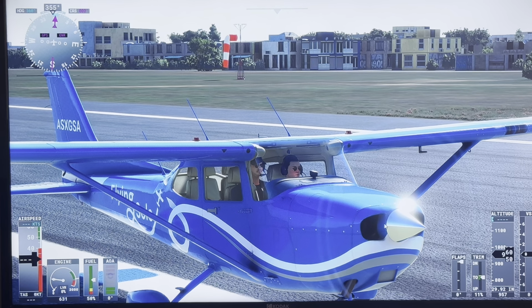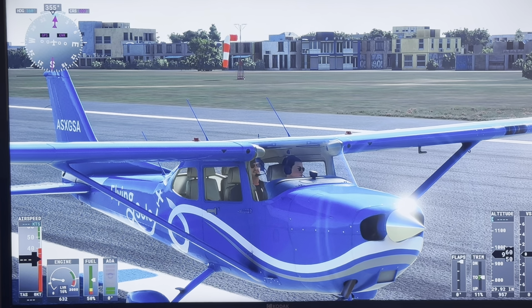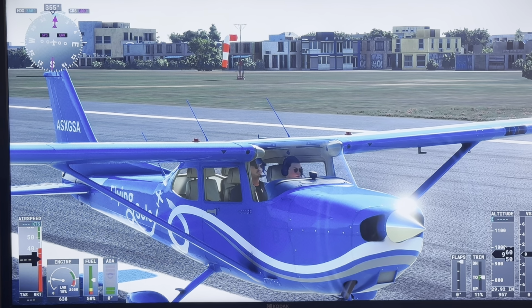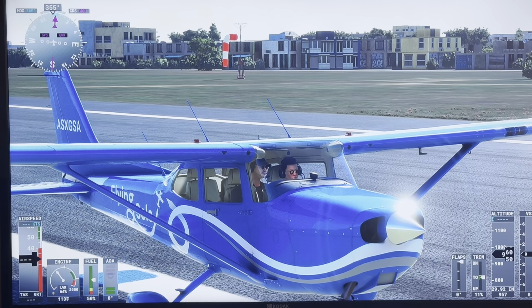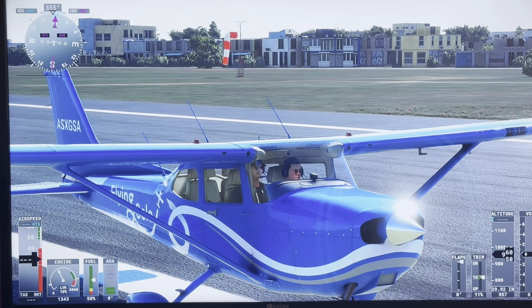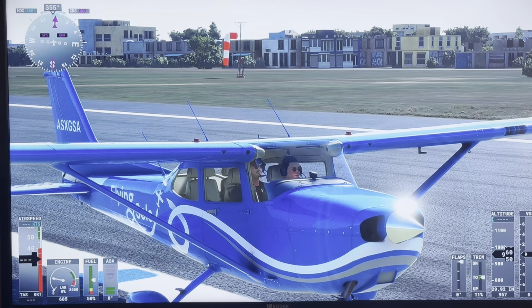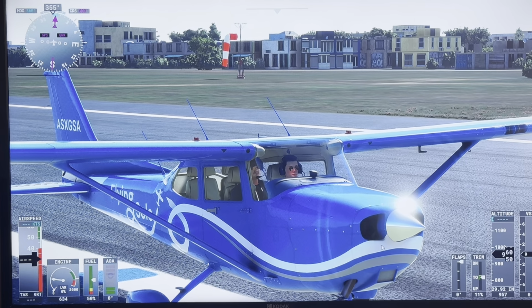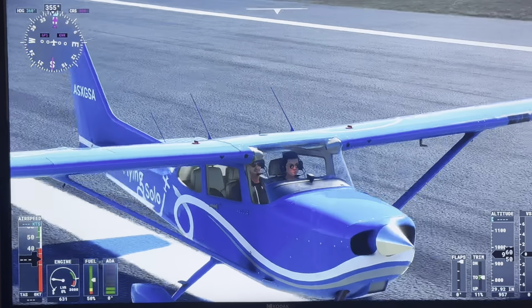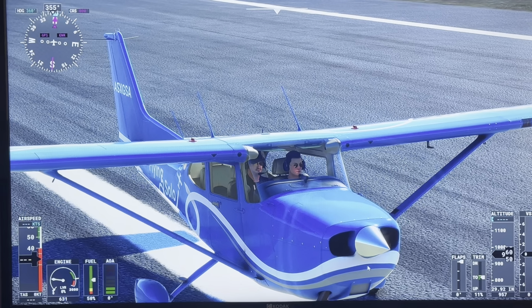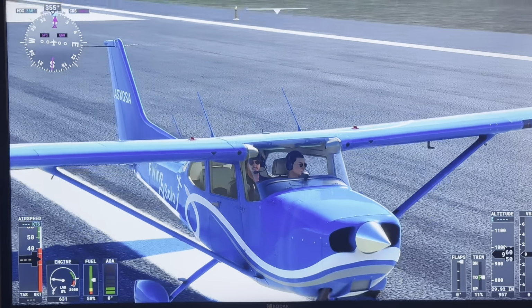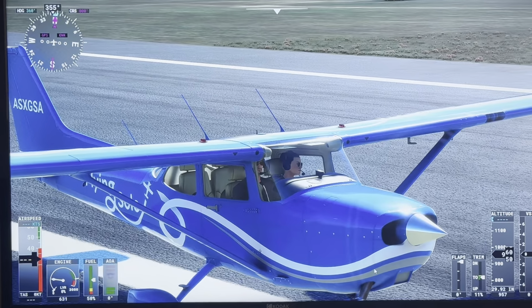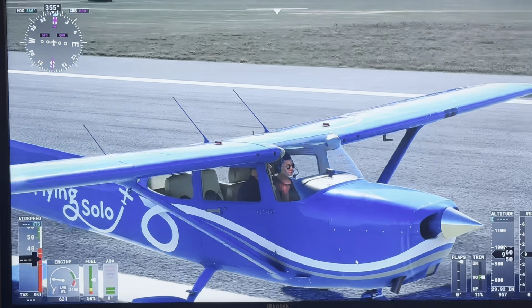If I increase or decrease the engine power, it gets faster and slower. The prop is connected to the engine, and this helps the aircraft get its thrust.